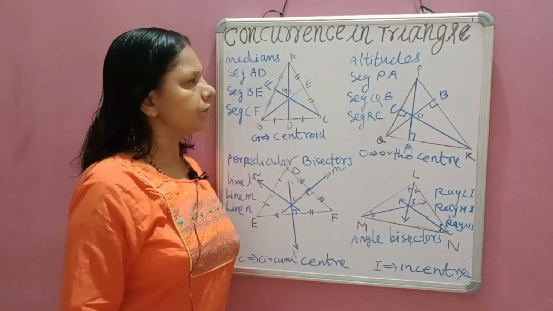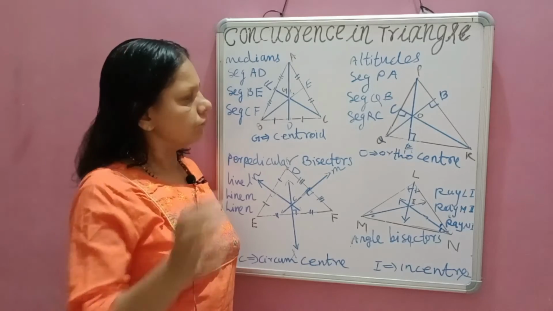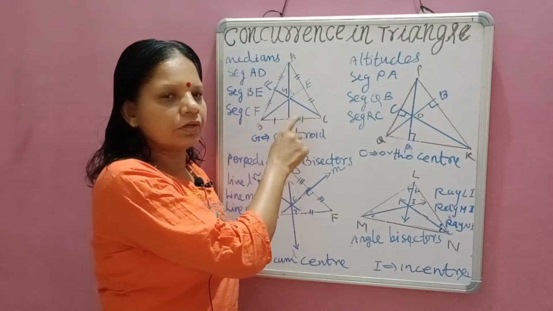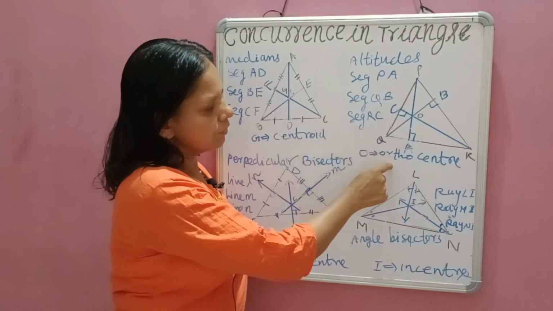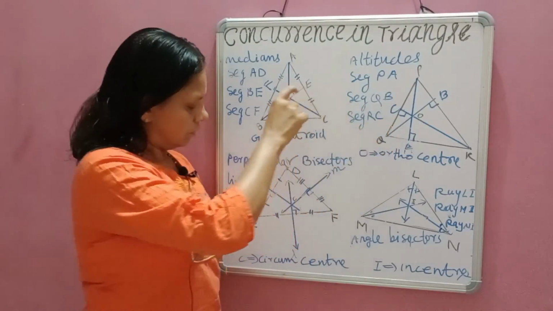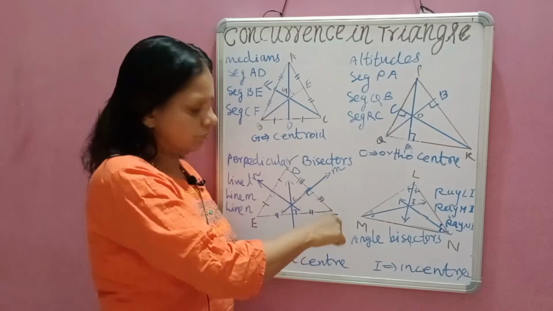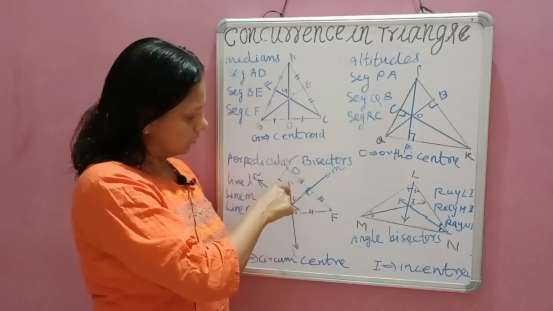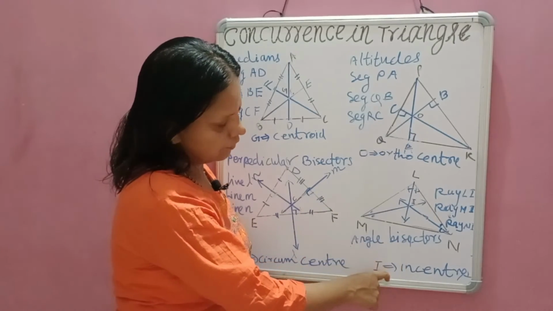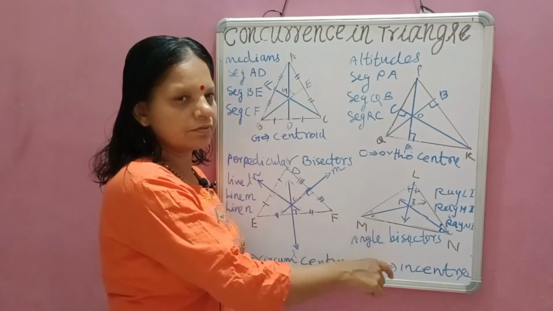So, how many points of concurrence have you studied in a triangle? There are four. The first point of concurrence is centroid, that is the point of intersection of medians. Next one, orthocenter, point of intersection of altitudes. Next one is circumcenter, point of intersection of perpendicular bisectors. And the fourth one is incentre, that is the point of intersection of angle bisectors.